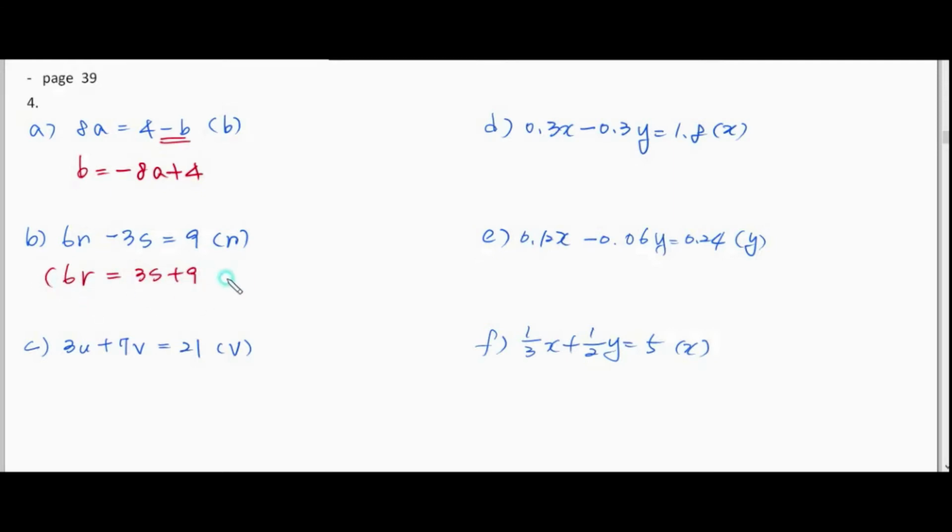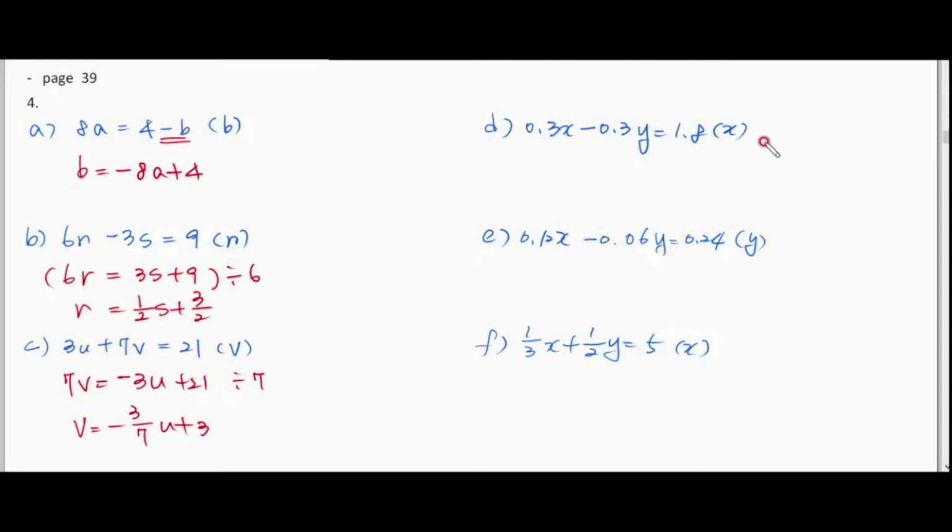And then dividing both sides by 6, R equals 1/2 S plus 3/2. And then for C, it's about V. So then 7V equals negative 3U plus 21. Dividing both sides by 7, V equals negative 3/7 U plus 3.